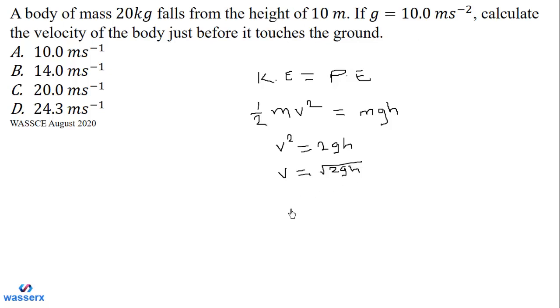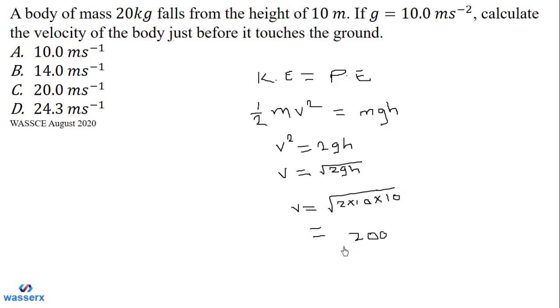So that will give us v equal to square root of 2 times 10 times h. The h is also 10. So that will be equal to 2 times 10 times 10, which is equal to square root of 200.